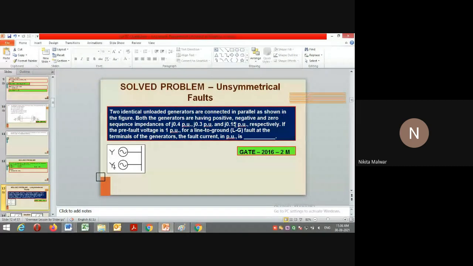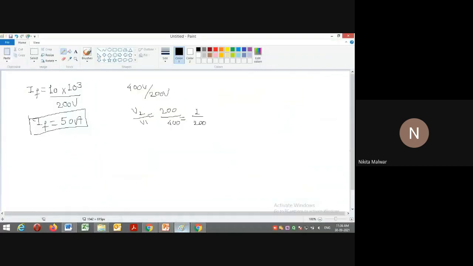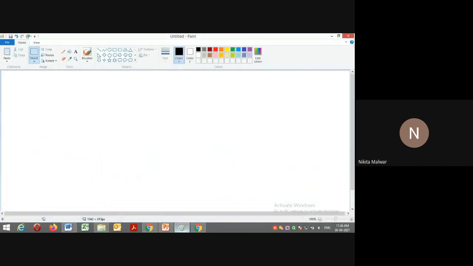Let us try to draw the positive sequence diagram. So, positive sequence reactance diagram.